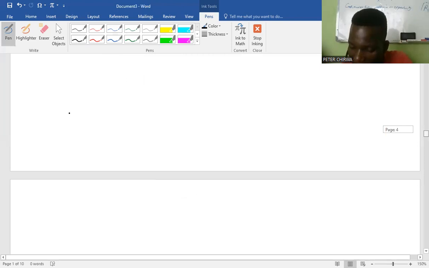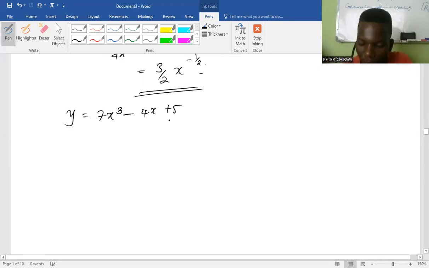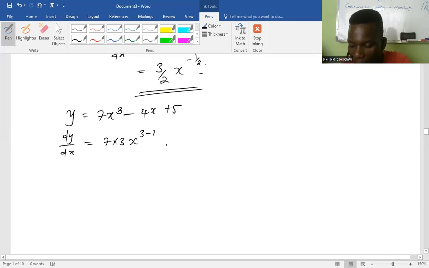So let's say you have a function y as 4x plus 5. Okay, so this one has got different terms. It's got 3 terms actually. We can use power rule to differentiate this one. So here, which is 3, and then we have x minus 1, and then minus power. What's the power there?